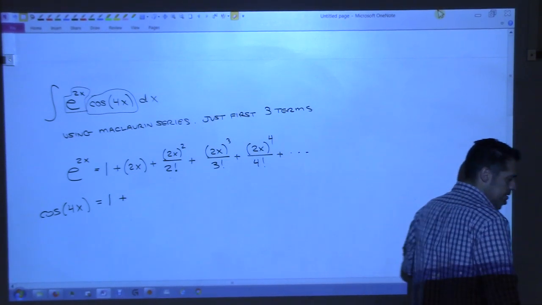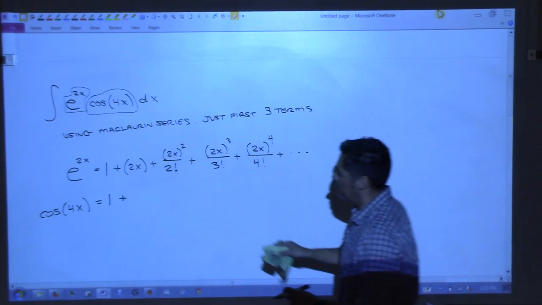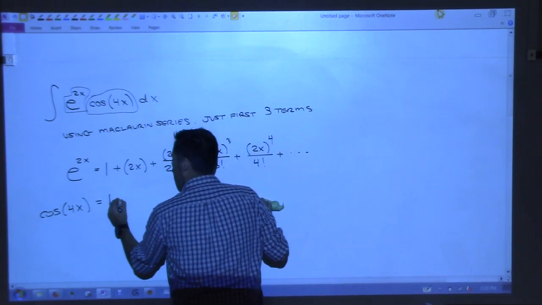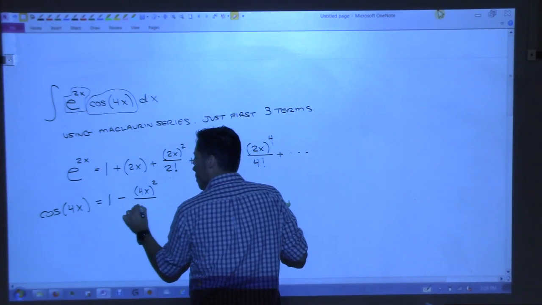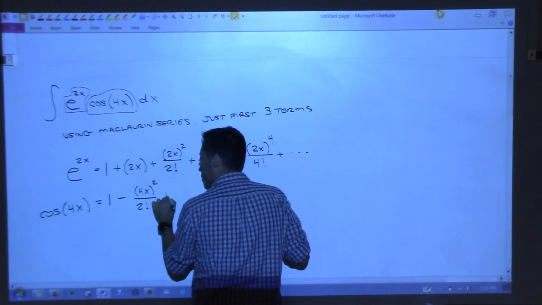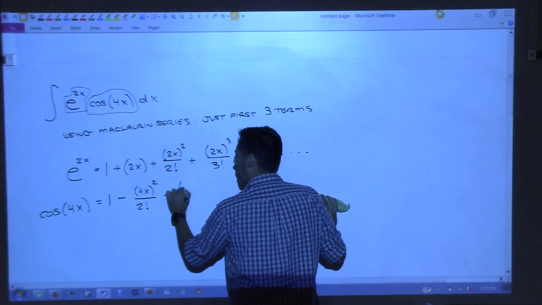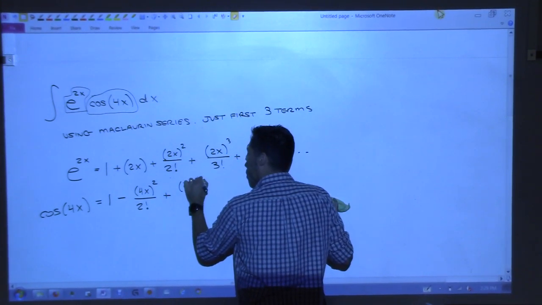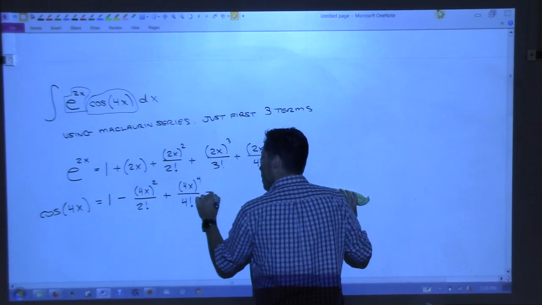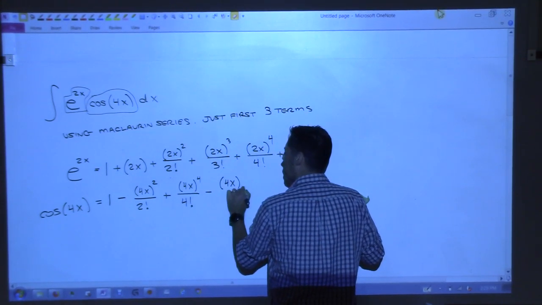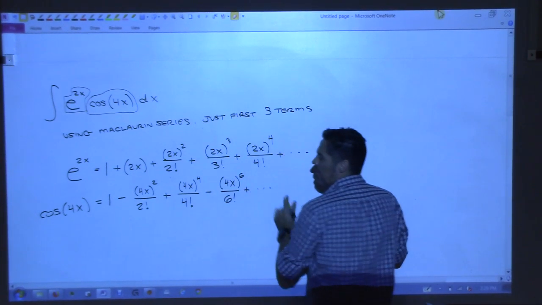Sorry, it alternates. Minus (4x) squared over 2 factorial, and then it alternates, plus (4x) to the 4th over 4 factorial, and then minus (4x) to the 6th over 6 factorial plus dot, dot, dot, right?